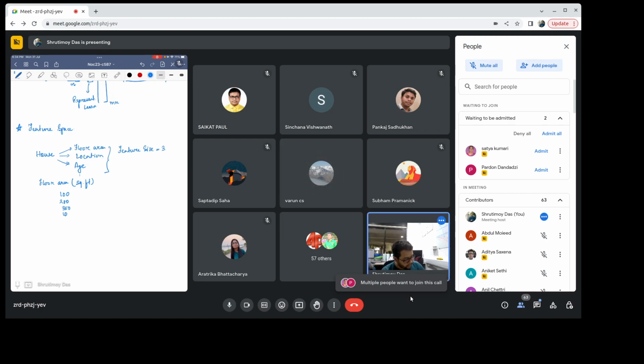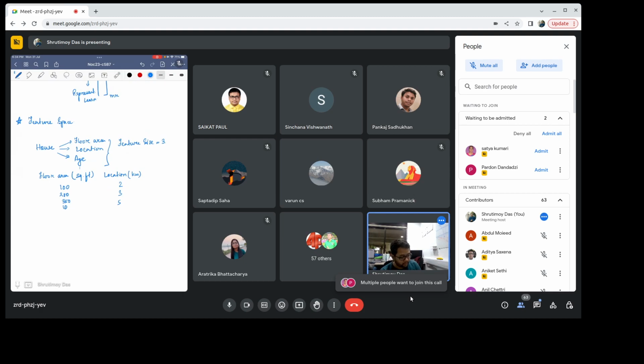Similarly for location, suppose it is given in kilometers, it will have values 2, 3, 5 and so on. Similarly for age. The feature space shows what possible values our features can have. Age can be 10, 20, maybe 100, but it cannot be 1000. So feature space shows us the possible values of these features.